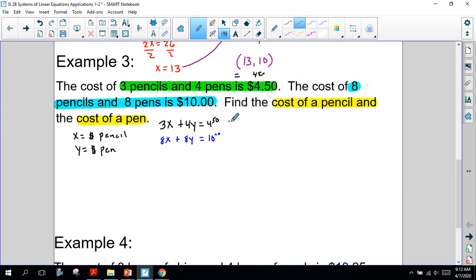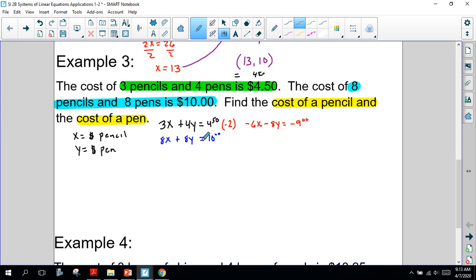Let's multiply by -2, because that gives me different signs with the y's. So -2 times 3x is -6x. -2 times 4y is -8y. And -2 times 4.50 is -9.